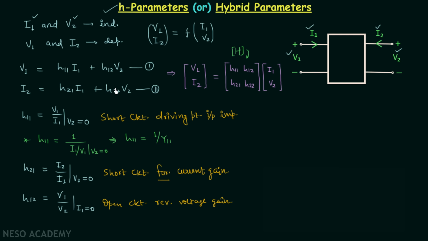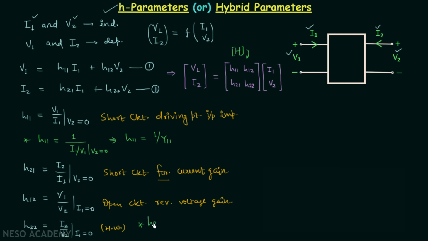And now let's find out the last parameter, which is H22. We can have H22 from equation number 2 when I1 is equal to 0. Parameter H22 is equal to I2 divided by V2 when I1 is equal to 0. Now it is your homework to do the naming of this parameter, and I will give you one point here.